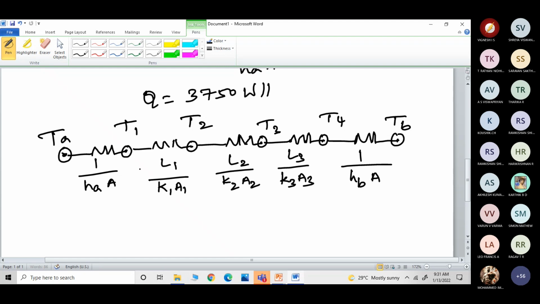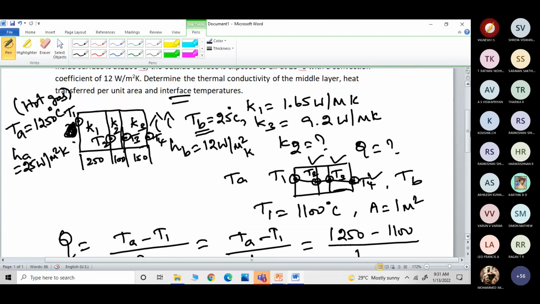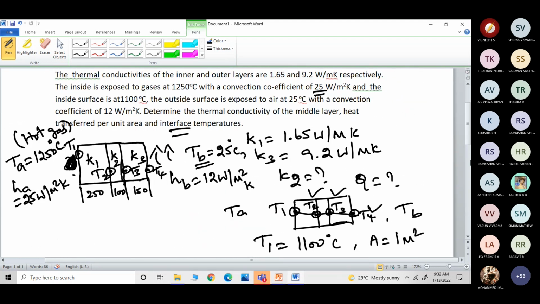Now we know that Q equal to TA minus TB divided by the sum of all the resistances. Q is 3750, and TA and TB are 1250 and 25.